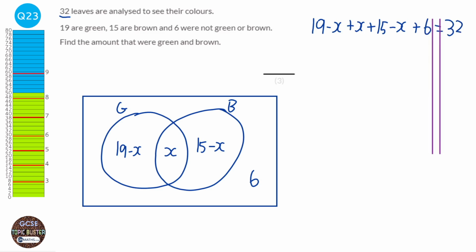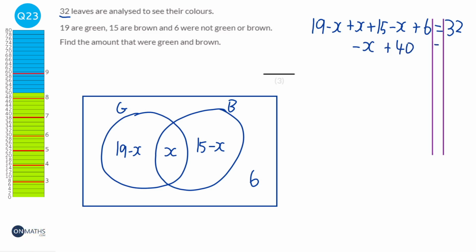And let's get our solving lines in. So we've got minus x and minus x, that's minus 2x. And we've got 19 plus 15 plus 6, which will be 40, equals 32. We're going to take away the 40 both sides.